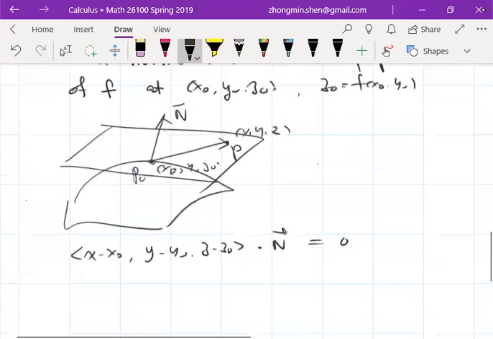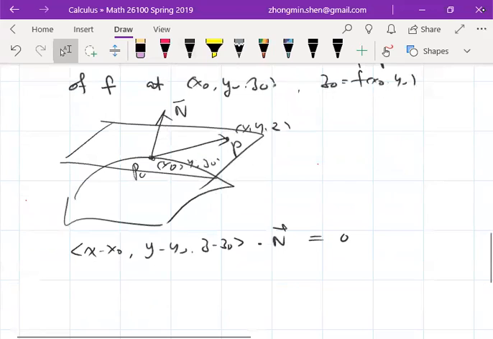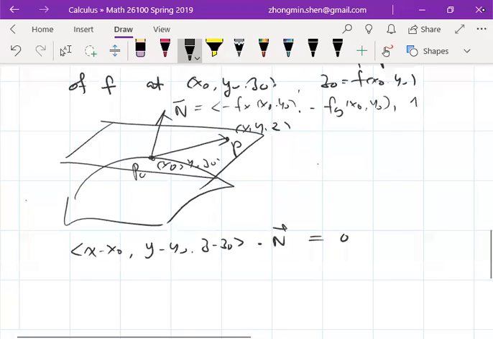So if you write down the details, what is n?